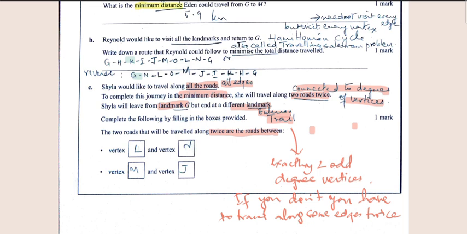Otherwise, it is not possible to leave landmark G and end at a different landmark, which would only be an Eulerian trail. So these are the two edges which have to be repeated.